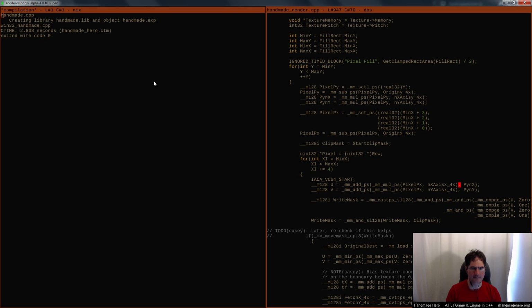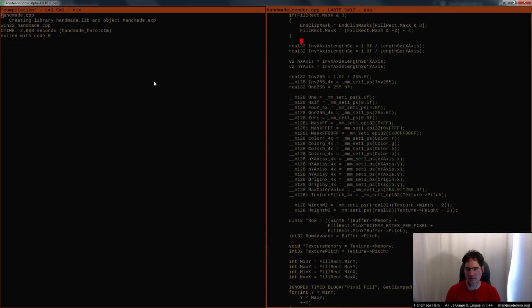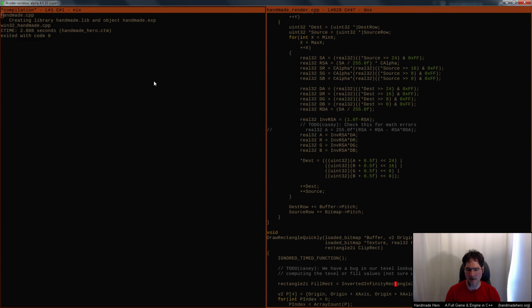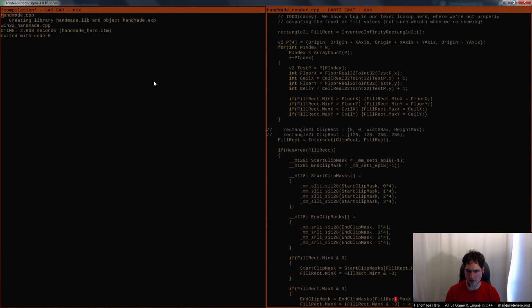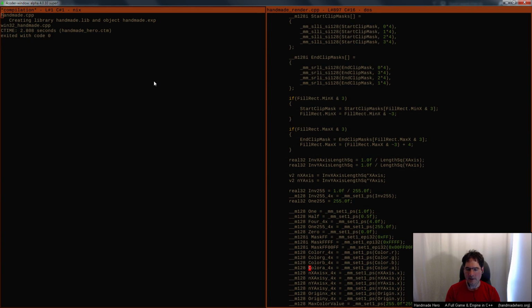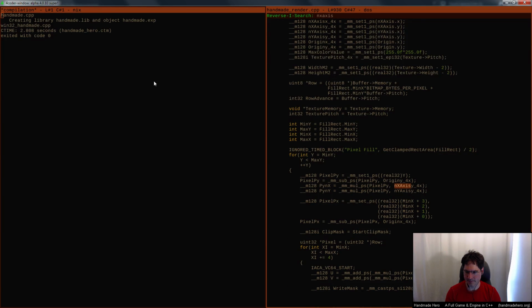So if we come back here and look at what we were doing, we've got these nx-axis computations that we were doing up at the top here somewhere, nx-axis, there it is. You can see here that we have 1 over the x-axis length squared there, and we are multiplying. So we're effectively going to divide by whatever the length of the x-axis is, in addition to doing the basic divide, which, I'll be honest, I'm not sure why we were doing.